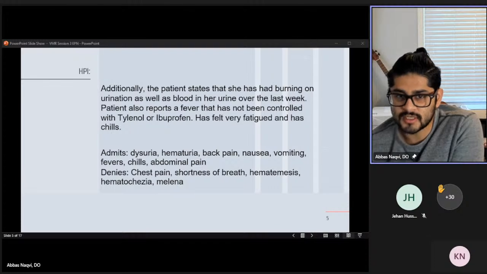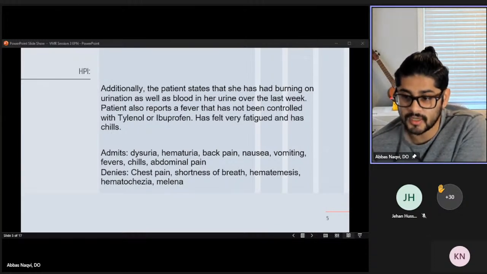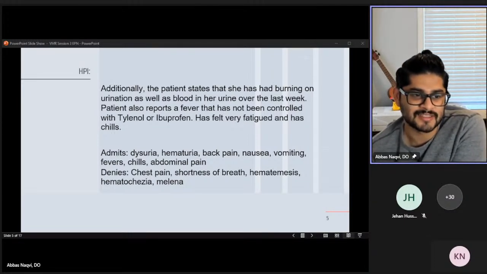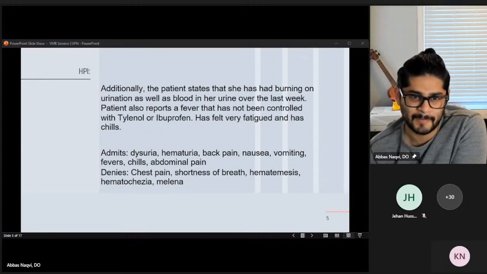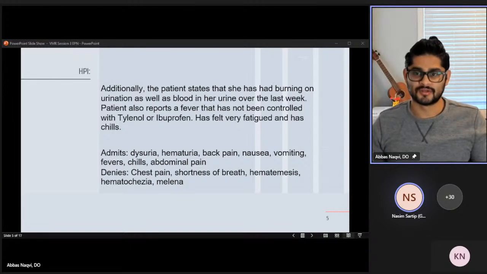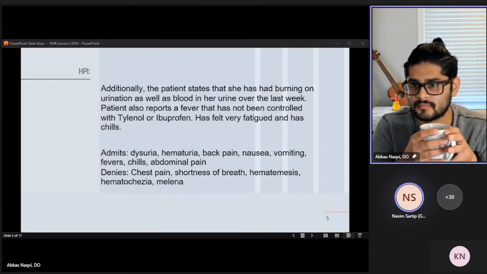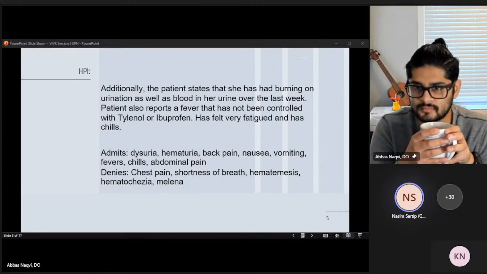So Tasha said a UTI probably went untreated. Yes, very possible. And Ursula is saying consider pyelonephritis. I think Nassim had her hand raised, and it looks like she may have been wanting to say the same thing. Yeah, hi, Dr. Nakvi. I was thinking UTI as well, just because of the burning sensation while urinating, and then the nausea, the fevers and the chills.